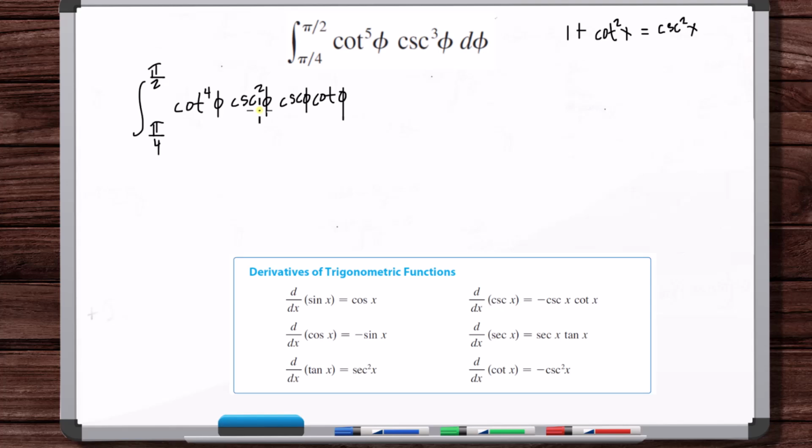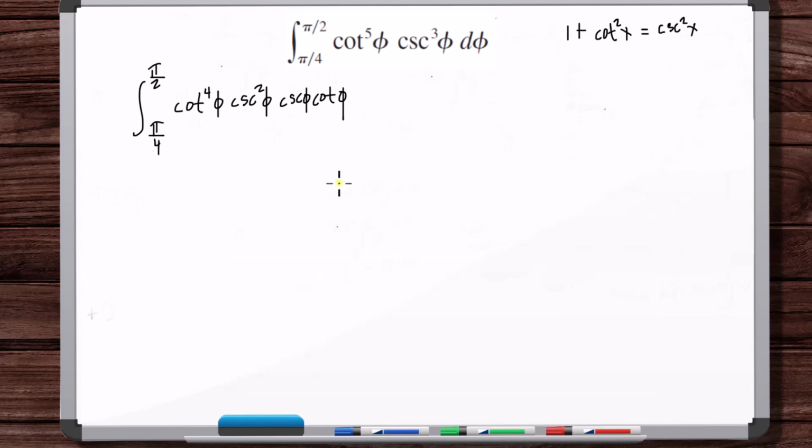So that means we want to make this term here a function of just cosecant. Therefore, this cotangent to the fourth will be substituted with cosecant squared minus 1 squared.